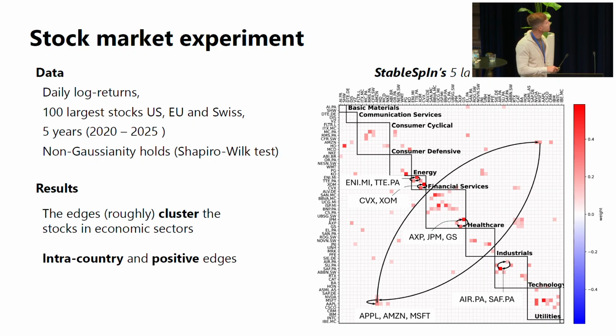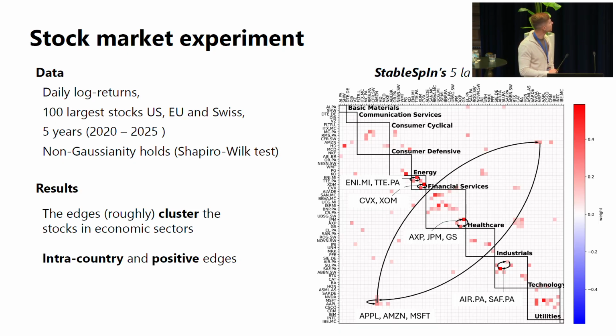So here we see the result of stable spin, the adjacency matrix. Annotated, you may see the 5 largest cycles found by stable spin. And we may observe some patterns in the adjacency matrix. One of those is that the edges cluster in economic sectors, while the algorithm is totally agnostic of the sector of the stocks.